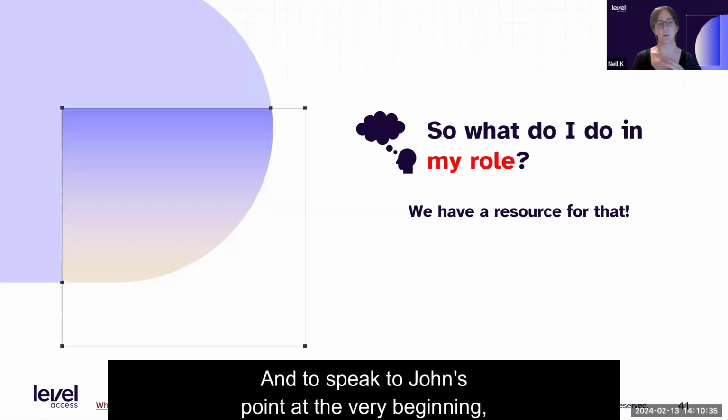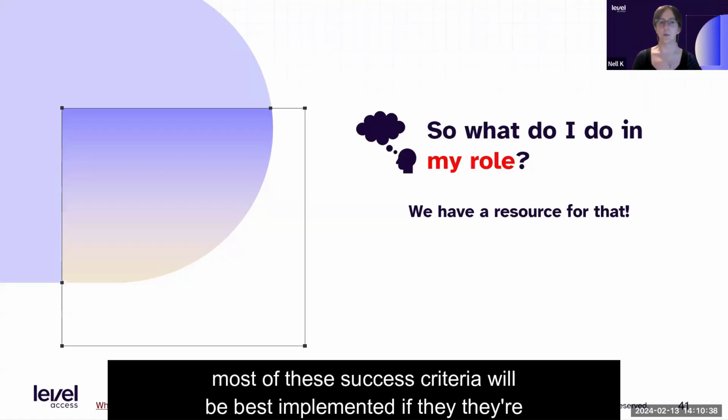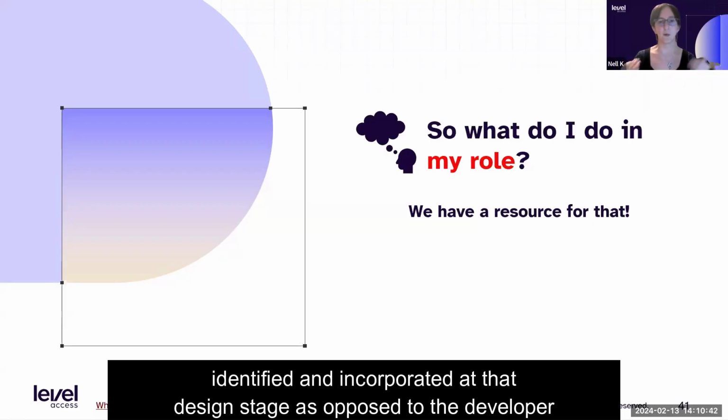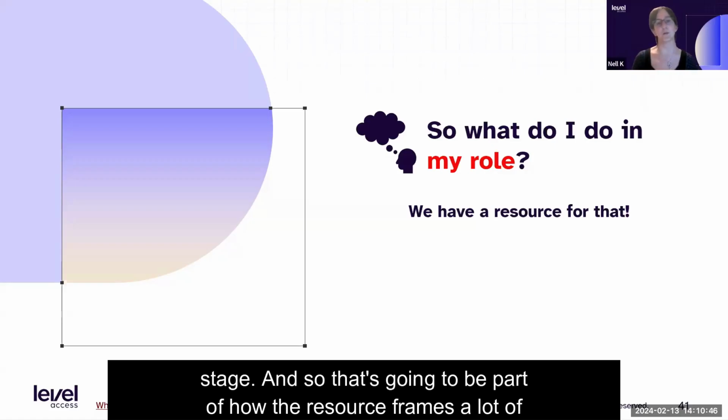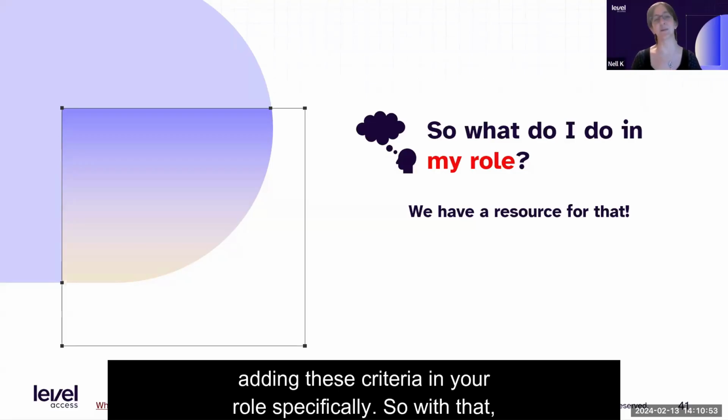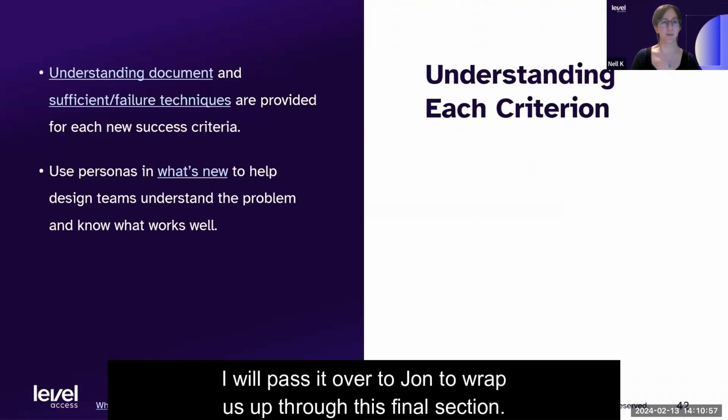And to speak to John's point at the very beginning, most of these success criteria will be best implemented if they are identified and incorporated at the design stage as opposed to the developer stage. And so that's going to be part of how the resource frames adding these criteria in your role specifically. So with that, I will pass it over to John to wrap us up through this final section.